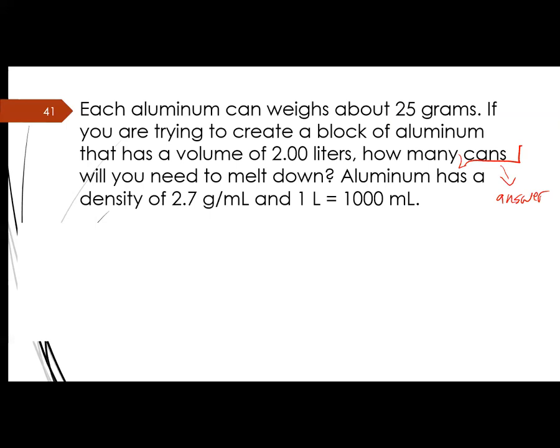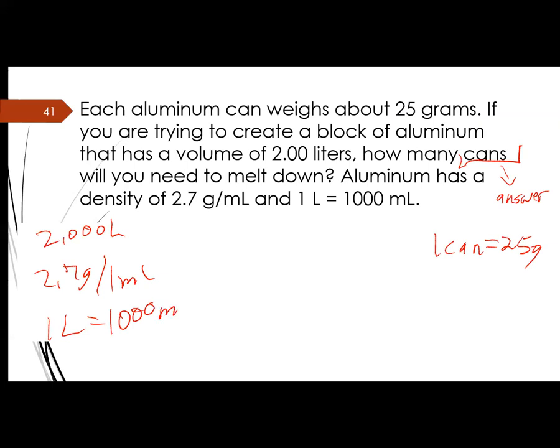What we're starting off is we know that we have 2.00 liters of our material. From there, we have a lot of different conversion factors. So we know that 1 can is 25 grams. We also know that 2.7 grams is 1 milliliter. And we know that 1 liter is 1,000 milliliters.